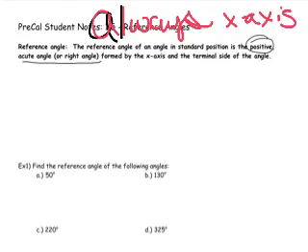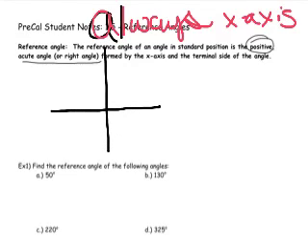Okay. So, for example, if I draw a coordinate graph and I draw standard position, let's just say I choose 120 degrees. This is the standard position, but what we're talking about today is the reference angle it creates.